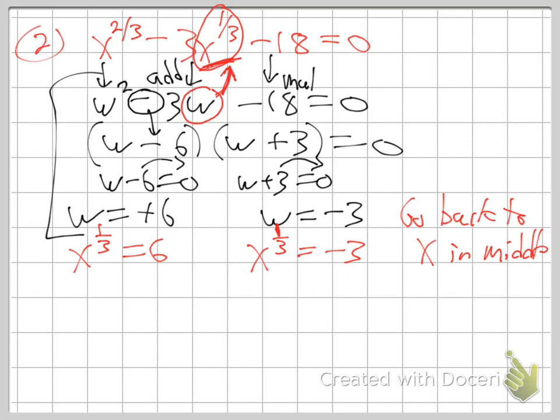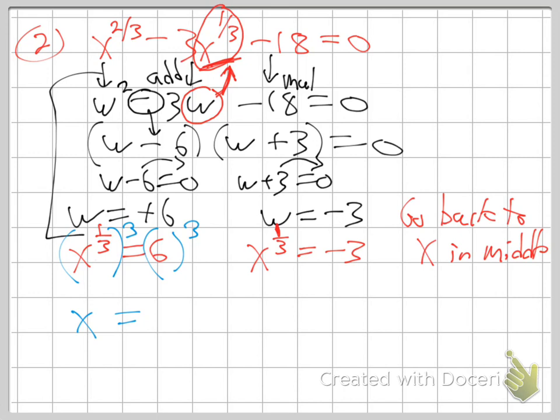Well, what's our goal? We want to solve for X. We want to just make that normal plain X. We don't want some weird 1/3 power on it. So how do we get rid of that 1/3 power? Opposite of a 1/3? 3. Right? You just go parenthesis 3 power, parenthesis 3 power.